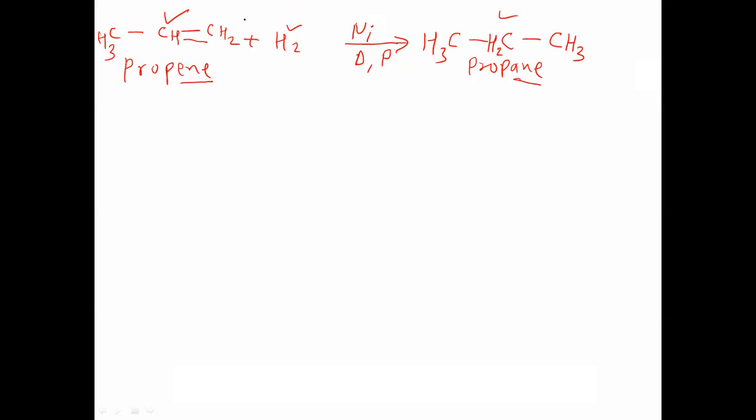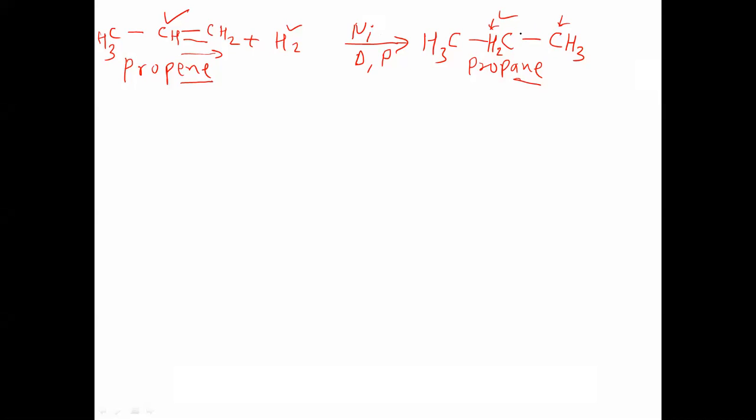The only difference is this pi bond. This pi bond is replaced by sigma bond by adding two hydrogen atoms, one at this position and another at the terminal position. That is the only difference. Removal of pi bond, addition of two hydrogen atoms across the double bond. Okay. So this is the actual reaction.